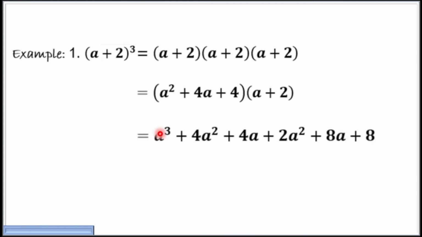Now look for the terms with the same exponent and the same letters or variables. Here is one. The a squared terms are alike, so we add them. Then the a terms we also add. Then bring down the rest. We have the answer: a cubed plus 4 plus 2, 6.